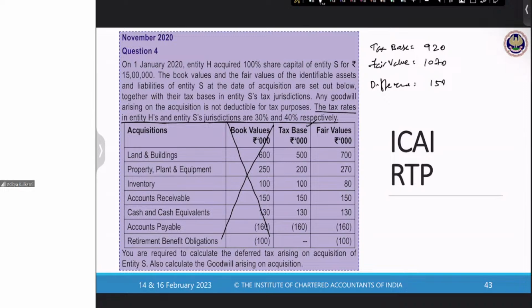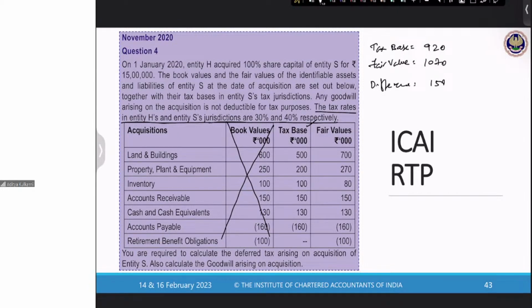See, these are the taxable differences. These are the temporary differences which are arising in respect of the net assets of the subsidiary. Net assets of the subsidiary are located in the subsidiary's jurisdiction.